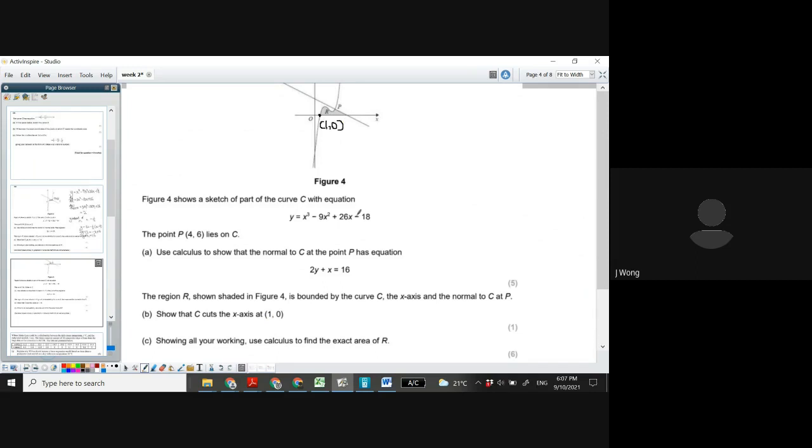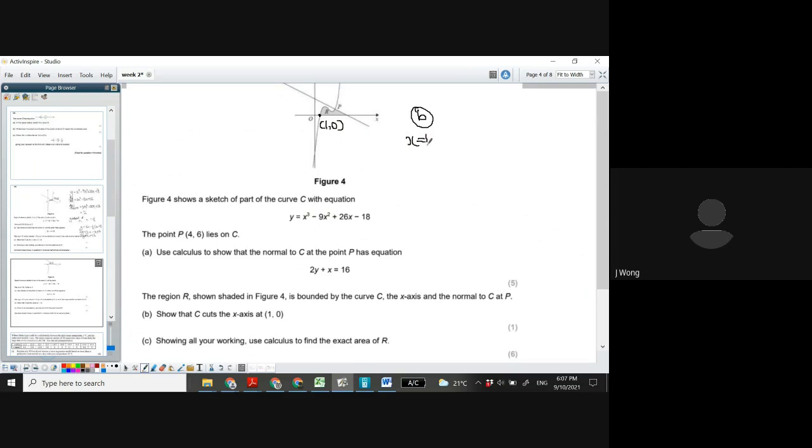So since it's just a one marker, what we need to do really is just to substitute the x coordinate into the curve and show that y is indeed 0 at the end.